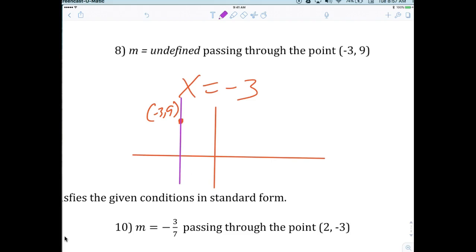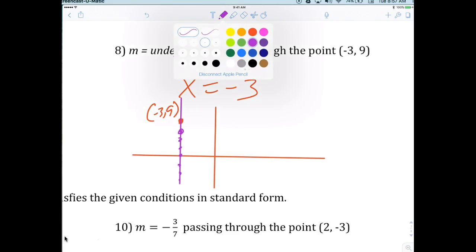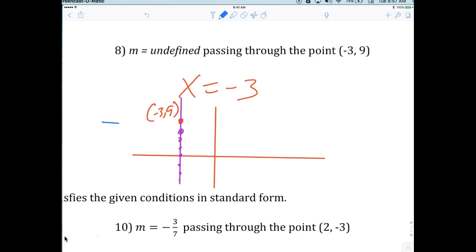It has to be x equals -3. Every one of these points on here, the x coordinate is -3. If I draw the horizontal line through that point, the y value is always 9. It just makes sense.